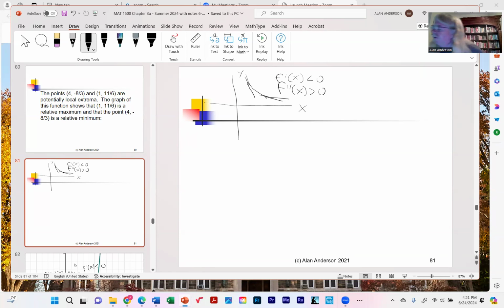All right, now how about this one? So once again, the first derivative is negative throughout, but this time the slope is becoming more negative. So that means that both are negative.